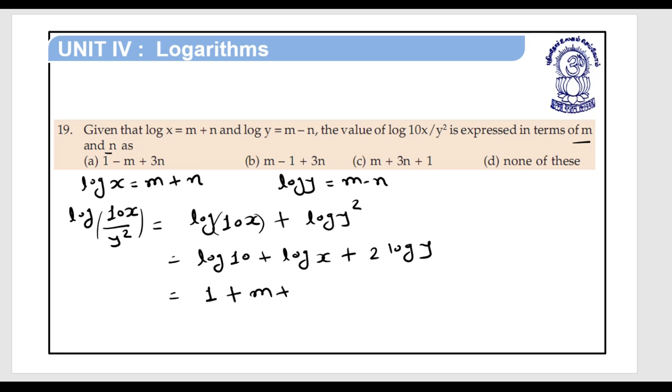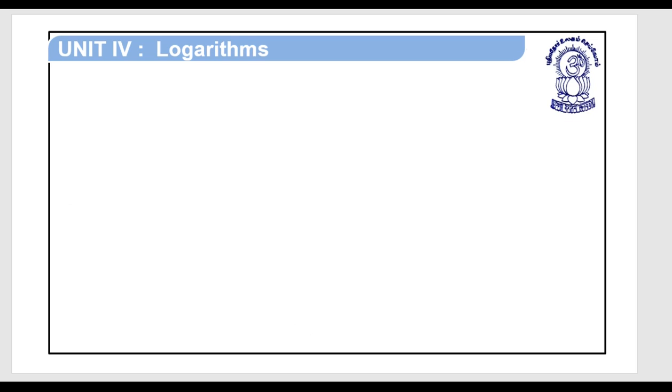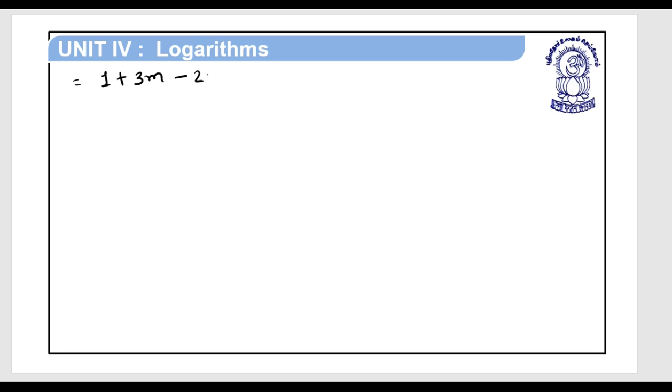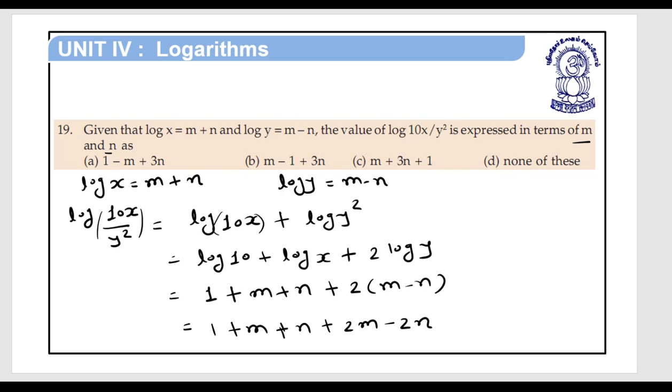Log x is equal to m plus n plus 2 log y, m minus n, so 1 plus m plus n plus 2m minus 2n is equal to 1 plus 2m plus m, 3m, minus 2n plus n, so 1 plus 3m minus n. So the answer is D, none of these.